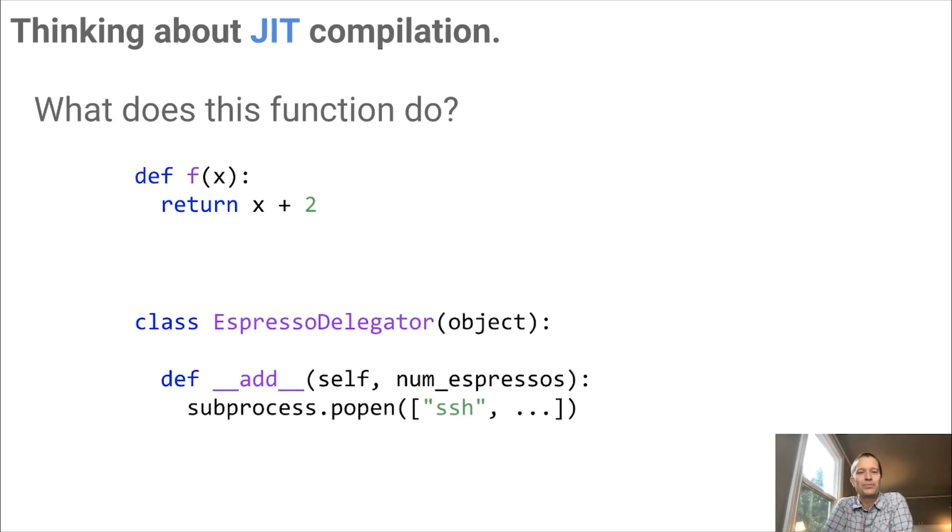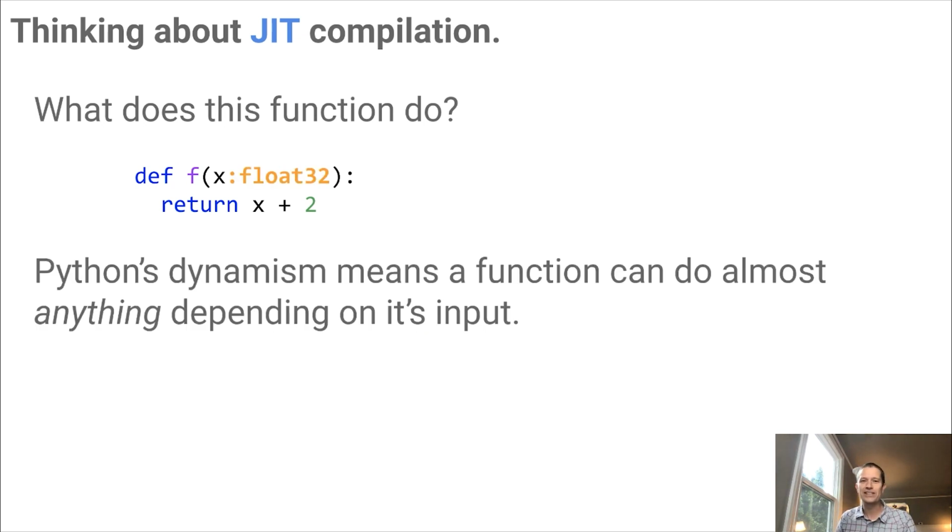This might be an espresso delegator object that when you add 2, it overloads it to SSH to your espresso machine and pour you 2 shots, right? So we can make a little progress by defining what the type of the variable is, but in general, a function like this can take anything as its argument, and that argument can do anything.